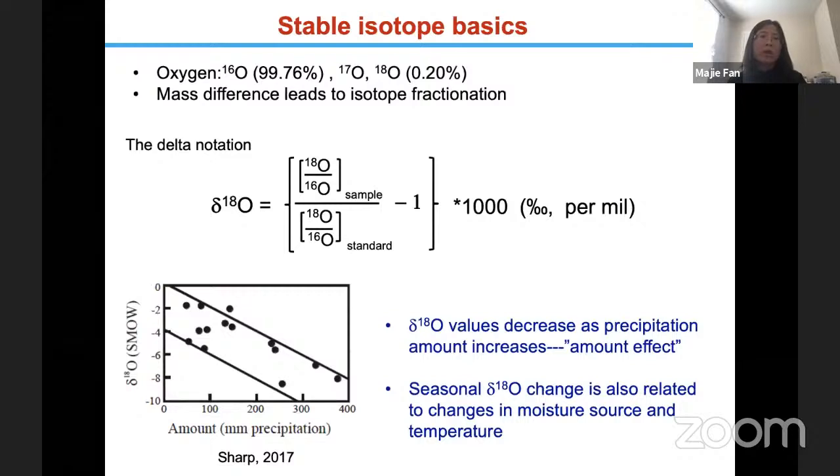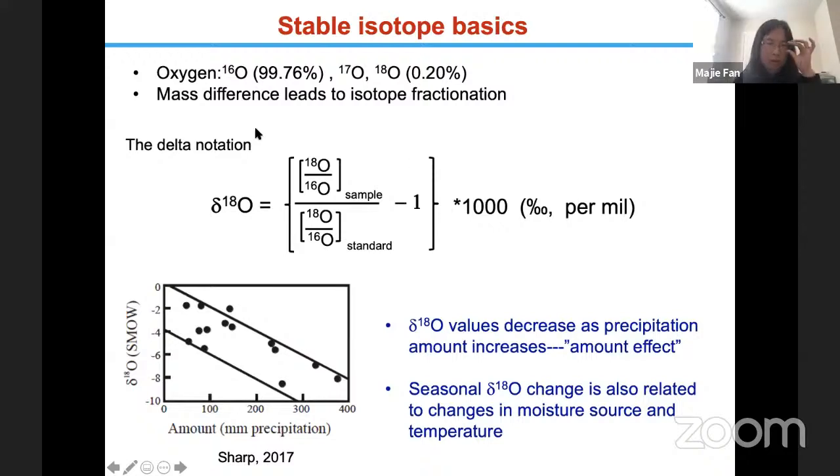Okay, so in addition to the lithological evidence of the cycles of climate change, we're also going to look into the stable isotope record. I'm just going to spend a little bit of time to talk about the basics of stable isotopes.